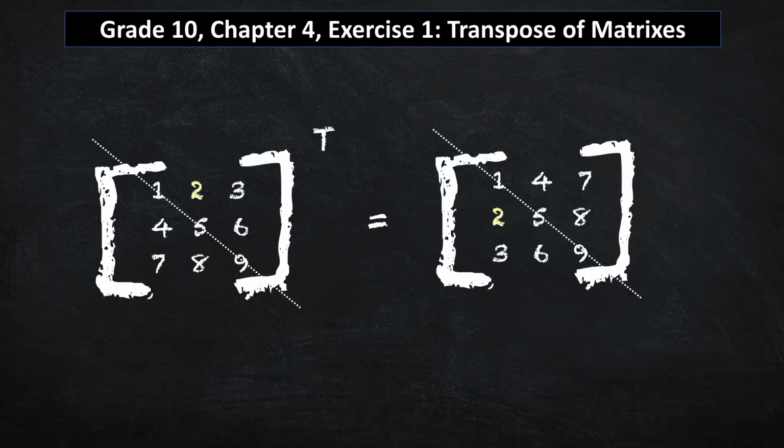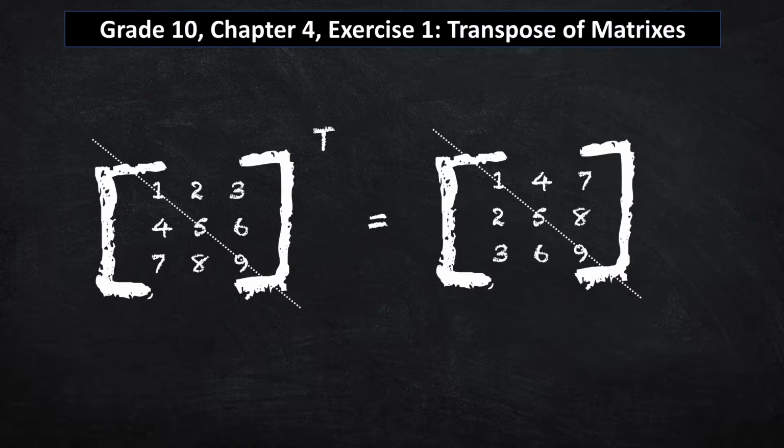Again, we can also do this for the other numbers. We have the element 3, 1, which is the number 7, that takes the place of the element 1, 3. So it goes here. And again, the element 1, 3 takes the place of the element 3, 1, and so forth and so on.